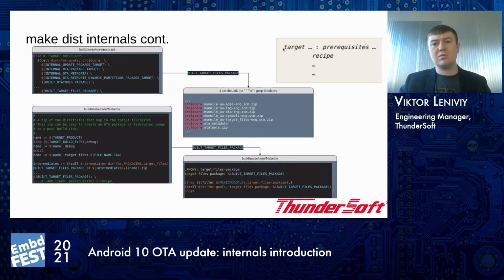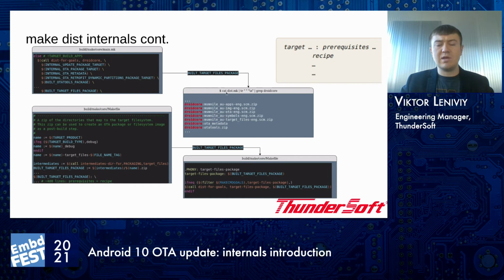Maybe not everyone is pretty familiar with the syntax. So here you can see you call dist for goals for droid core, and underneath it includes the build target files package, which is our package used on the second step for producing the OTA update zip.